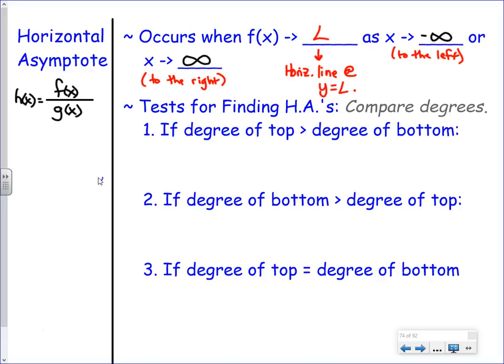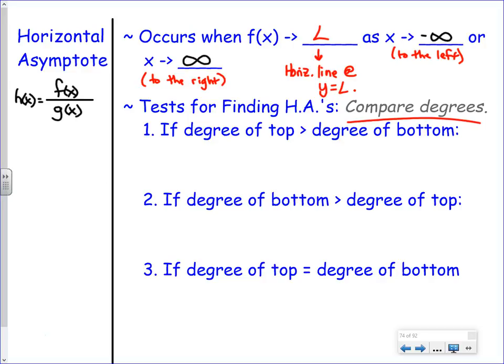Beware the denominators, in life and in math. If the bottom is strong enough, it's going to stop f of x from doing what it wants to do, pull it down and restrict it, and have it get closer and closer to a horizontal line. So how do we figure out whether the bottom is strong enough?